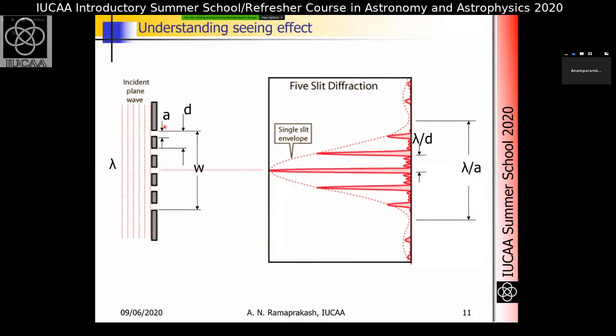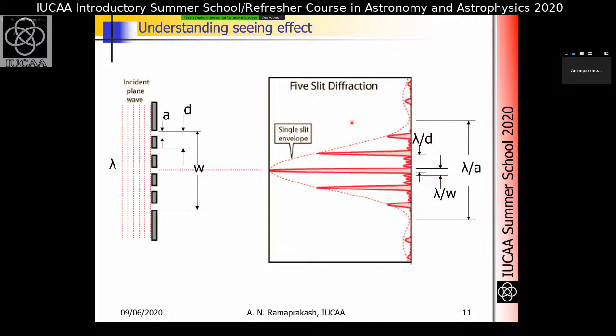The next largest structure defines the distance between the secondary maxima. And the largest physical structure on the grating, which is W, its inverse will define the width of the individual maxima, which is lambda by W.